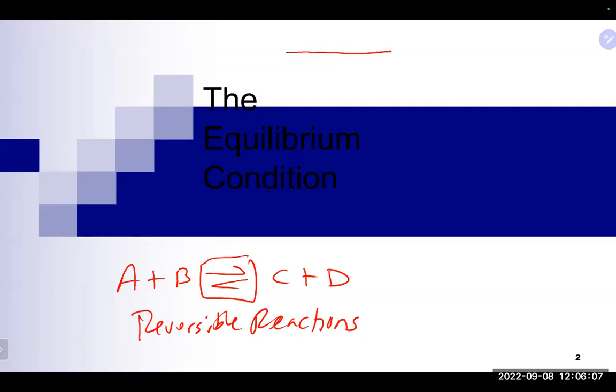It will go in what is referred to as the forward direction, from reactants to products. At some point, you will build up enough products that the products will react with each other and head back the other way. That is what is commonly referred to as the reverse direction. So in a reversible reaction, there's always a forward direction and a reverse direction. Eventually, a reaction like this will reach what is known as chemical equilibrium.